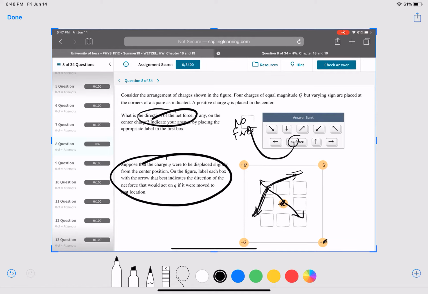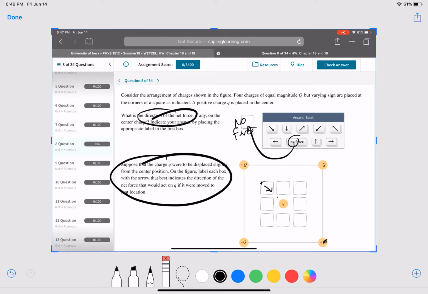These are going to have the same magnitude, and their y components are going to cancel out, so there's not going to be any net motion in the y direction, and their x components are going to add to give us an additional push this way. So our net force, when we consider all the forces, is going to be in this direction. If our plus charge was sitting there, it would get accelerated towards the center.